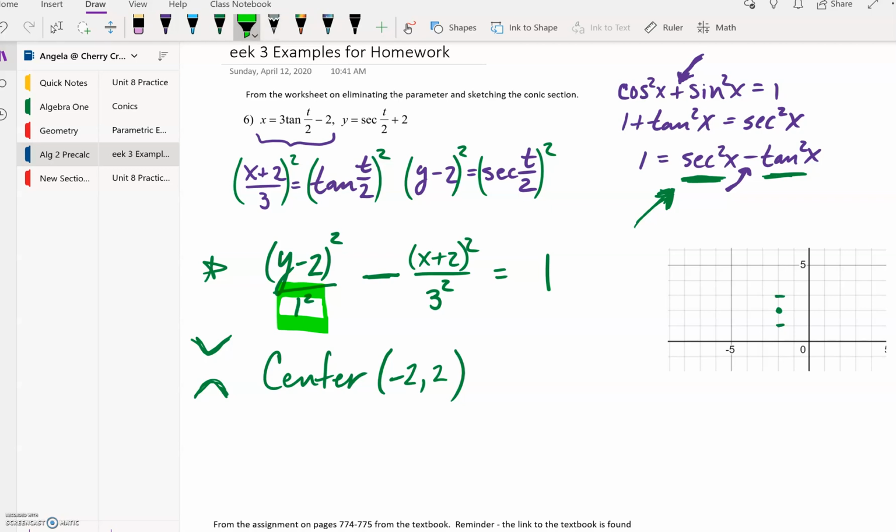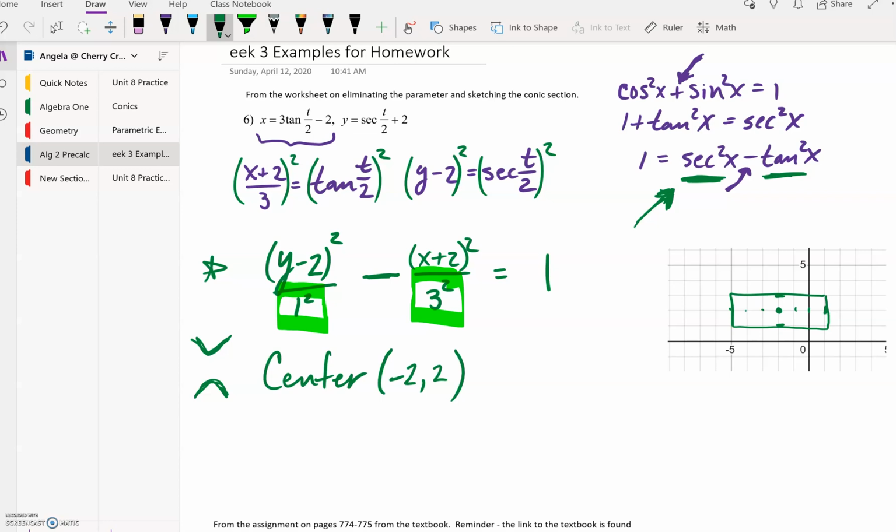And then because of my 3 squared that is with the x term, I'm going to make my rectangular box that is going to be sort of my frame for my asymptotic lines, big word there. And I'm just going to build that rectangle, okay, with that shape.